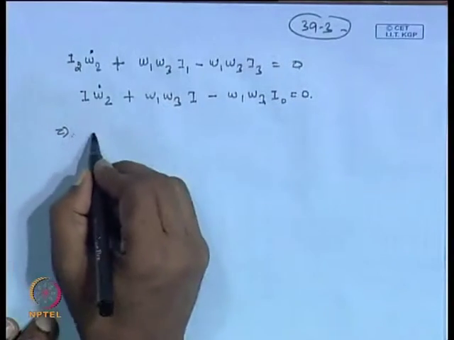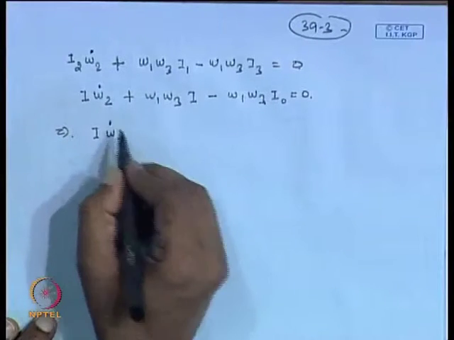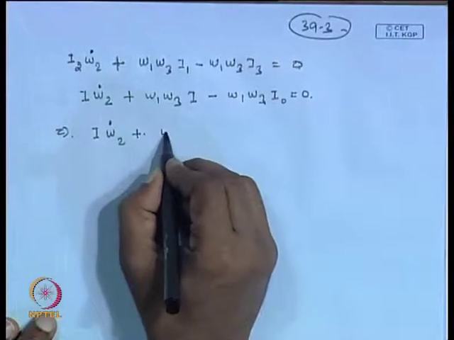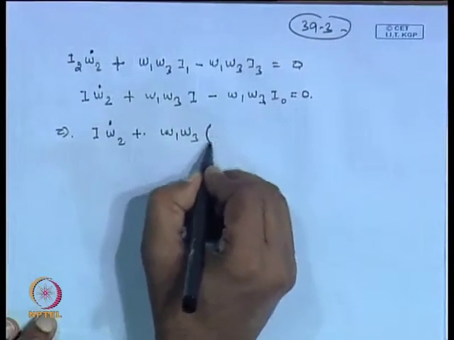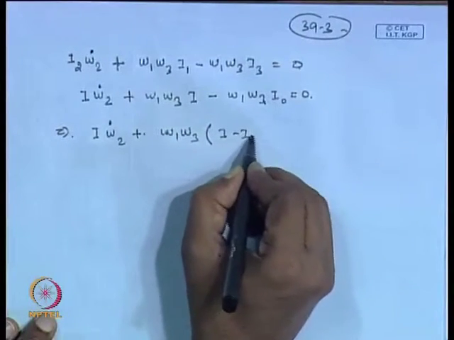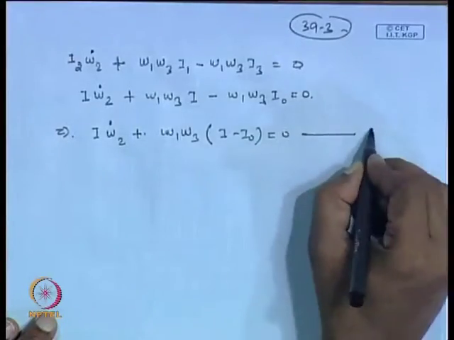By rearrangement we can write this as our equation number 2.